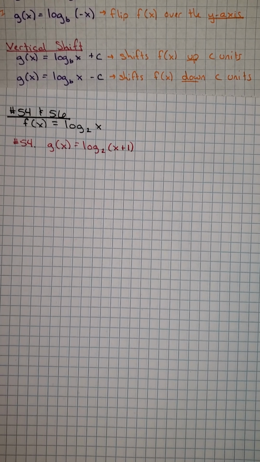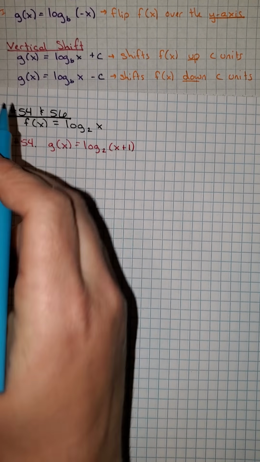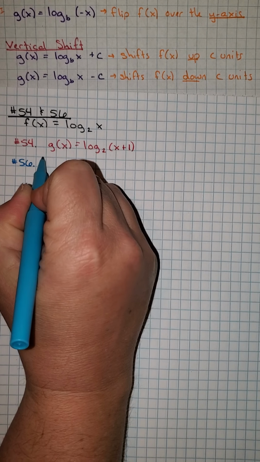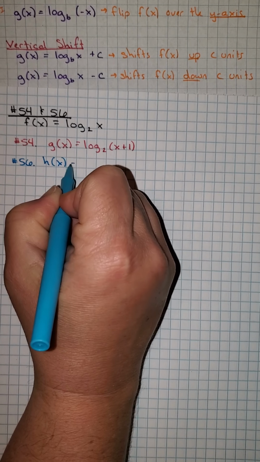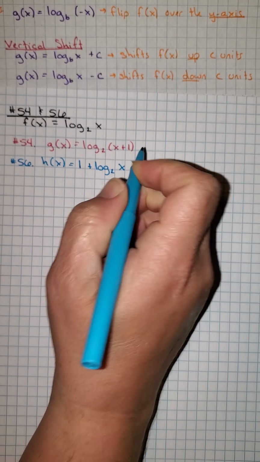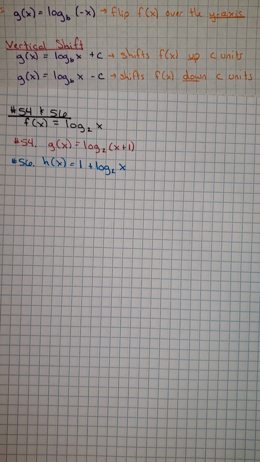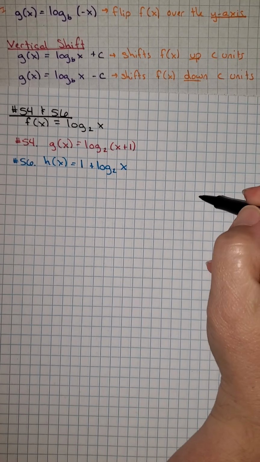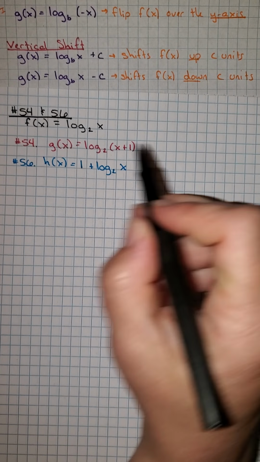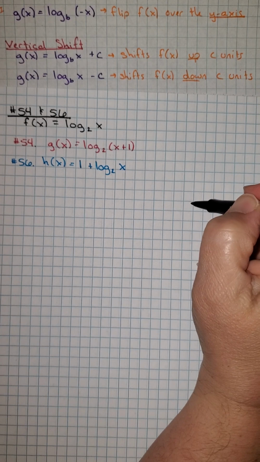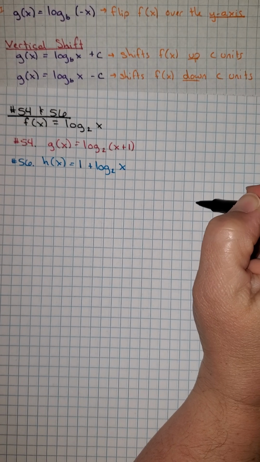And then number 56, which is h of x equals 1 plus log base 2 of x. So the 1 is on the outside of the function. I'm just going to go ahead and do all 3 of these on the same set of axes. It also says to talk about the asymptote and then the function's domain and range also. So we'll do all that fun stuff.